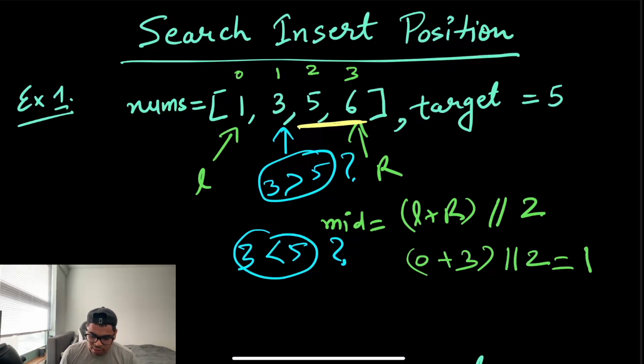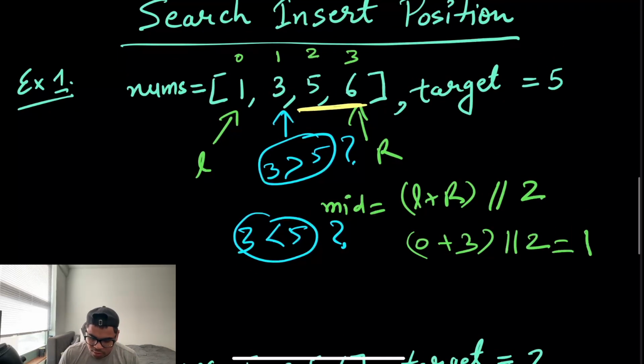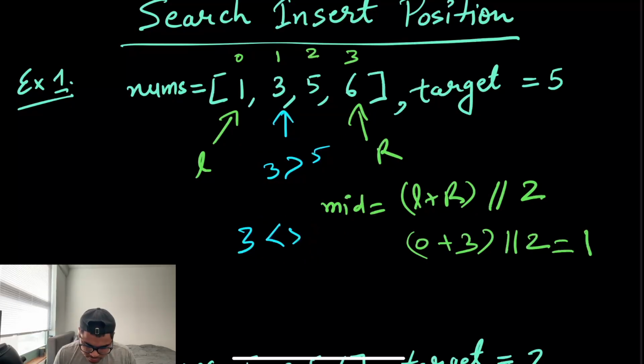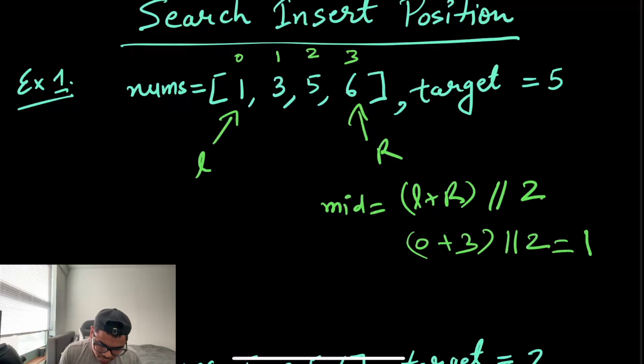In that case, I'll move my left pointer. Let me go back to clear things up. I'll move the left pointer to mid plus 1, which would be over here.